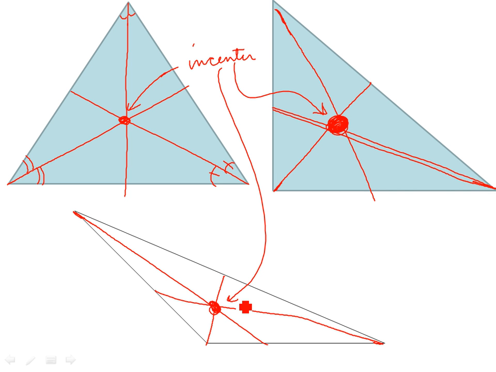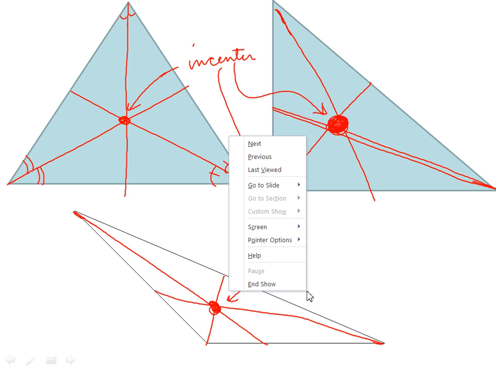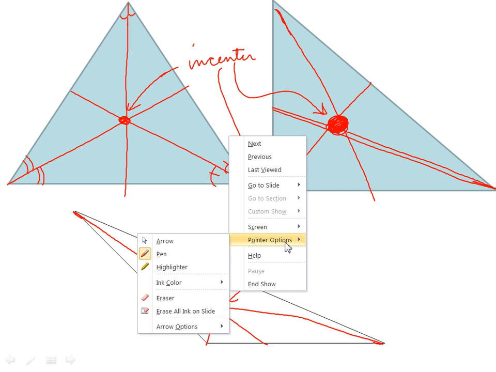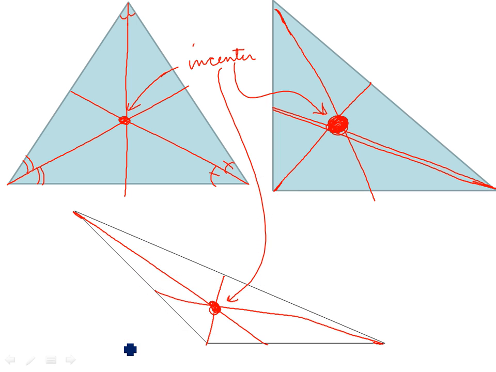Now, the incenter theorem says that the incenter of any triangle is equidistant from the sides of the triangle. So, what they're saying there is this incenter should be the same distance, and remember when you give a distance, it's got to be the shortest path, so it's going to be the perpendicular to that side.